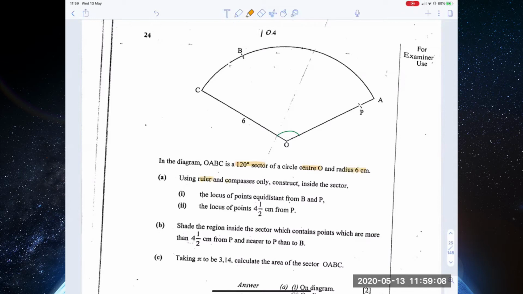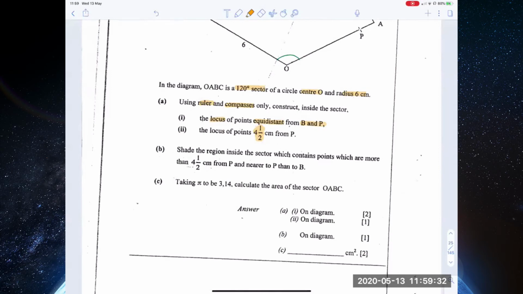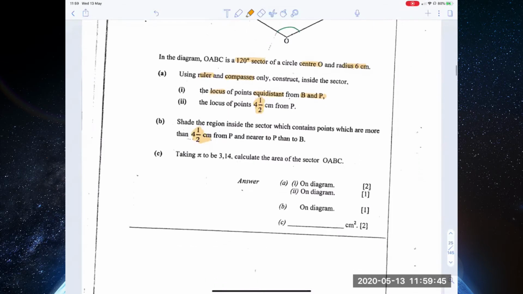Using your ruler and compass only, construct inside the sector the locus of points equidistant from B and P, and the locus of points 4.5 centimeters from P. Then shade the region inside the sector which contains points which are 4.5 centimeters from P and nearer to P than to B. And then taking pi to be 3.14, calculate the area of sector OABC.